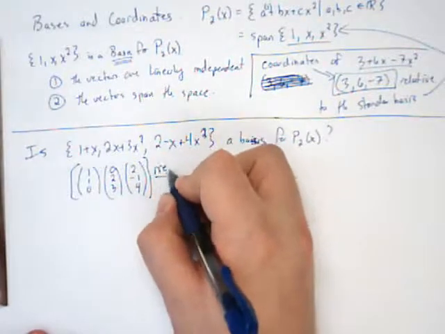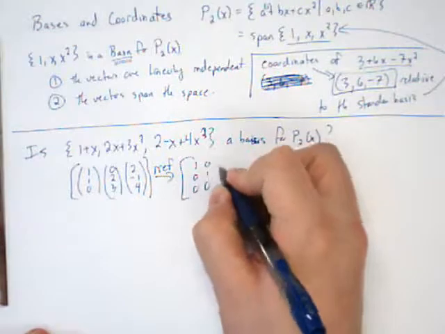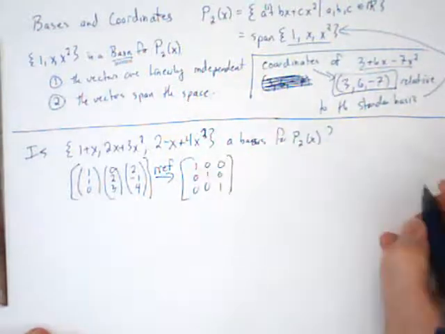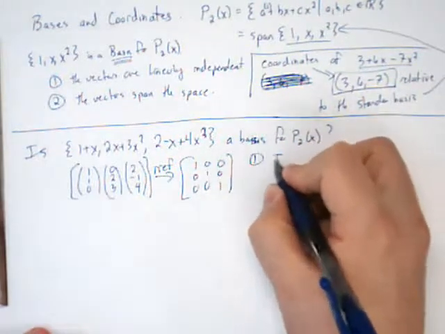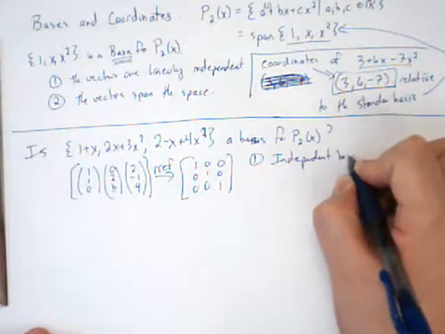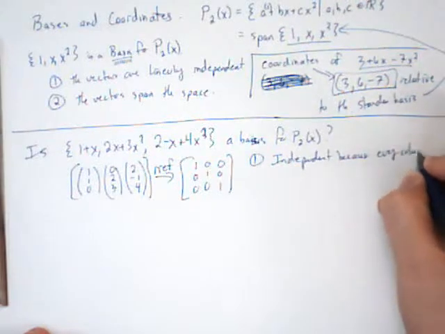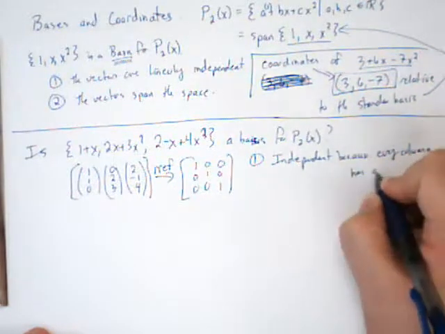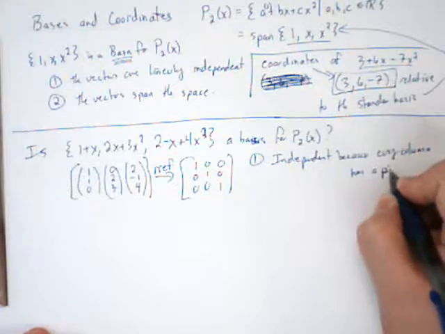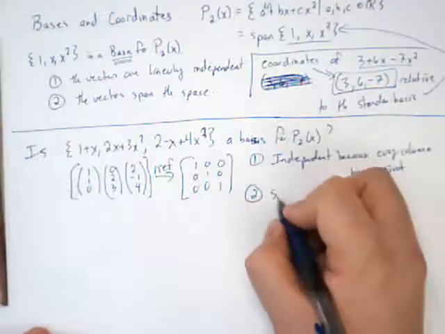To answer that, I row reduce. Upon row reduction, I obtain the identity matrix. Well, what does that mean? One, they are independent because every column has a pivot. Two, do they span the whole space?